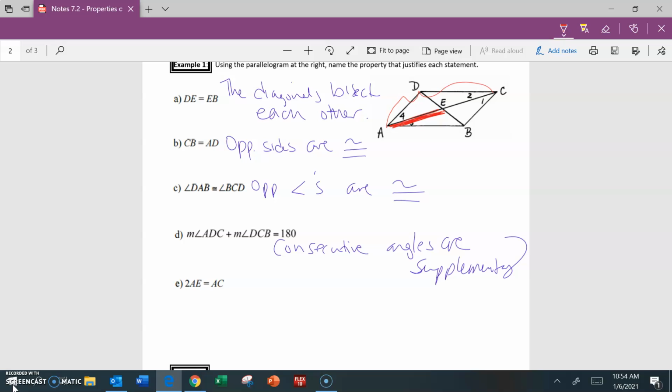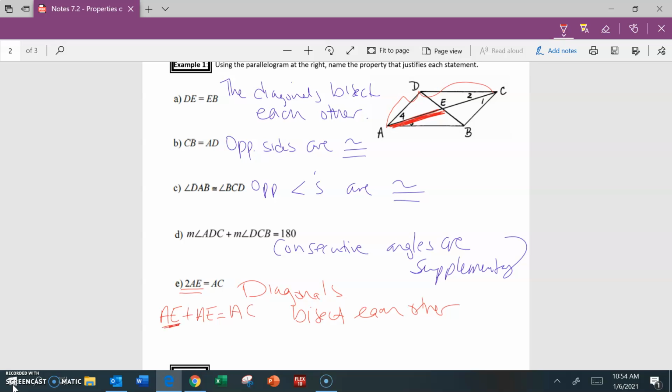I think you know, the only property that would make sense here is that the diagonals bisect each other, okay? But what you might want to remember is that this whole 2AE thing is basically saying that if you take 2 of these, AE plus AE, that equals AC.